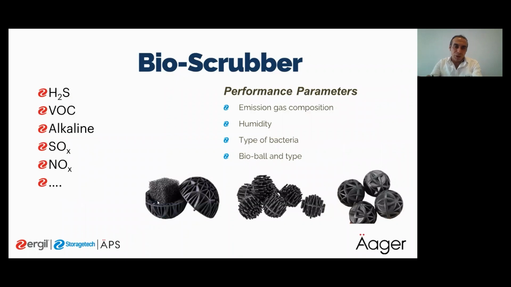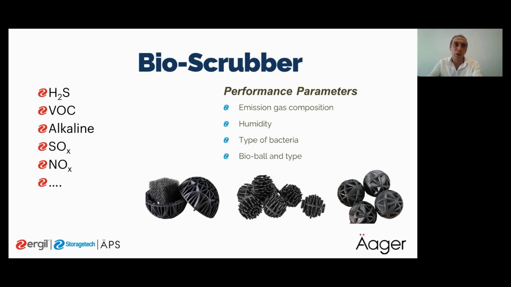And bioscrubbers can be used for H2S. This comes from the wastewater treatment side and the biogas production companies. And H2S has a really bad smell, so I call the bioscrubber an odor control unit.